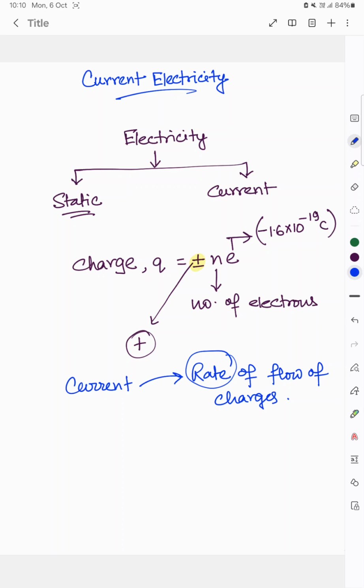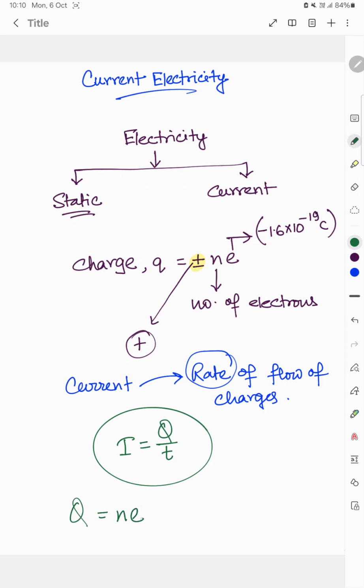So there is a relation with time. We can write current as charge per unit time. Okay, and again we know that Q is equal to N into E, right? Where N is the number of electrons and E is the charge of an electron, so we can also write current as NE by T.